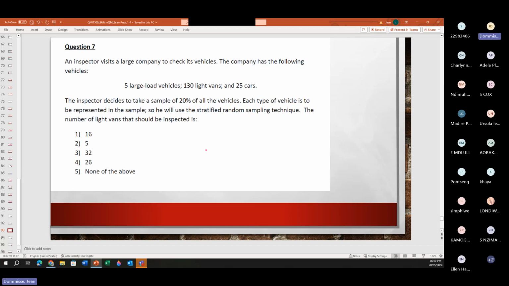The inspector decides to take a sample of 20% of all the vehicles. Each type of vehicle is to be represented in the sample, so you will use the stratified random sampling technique. The number of light vans that should be inspected is the number of light vans.